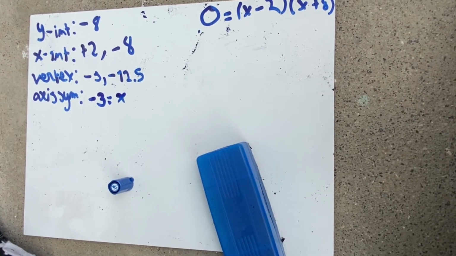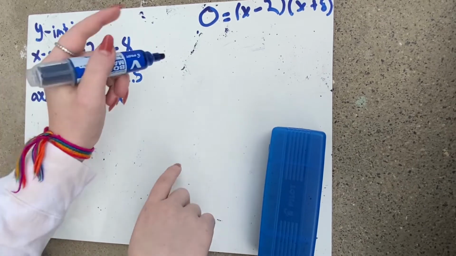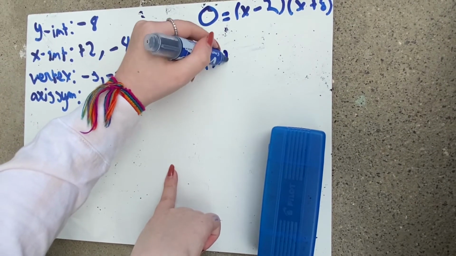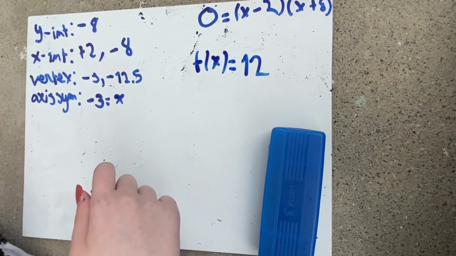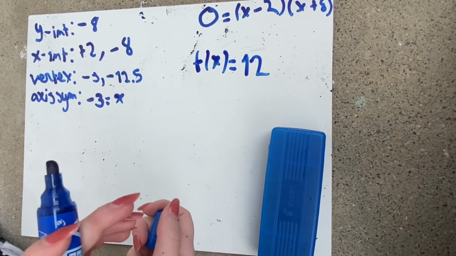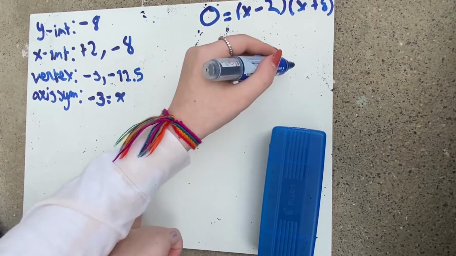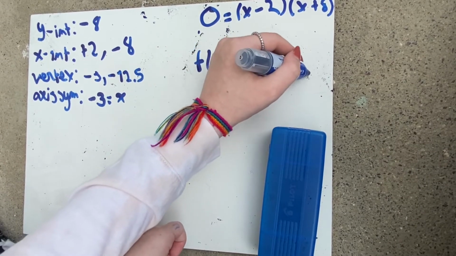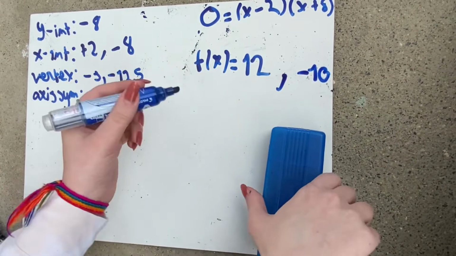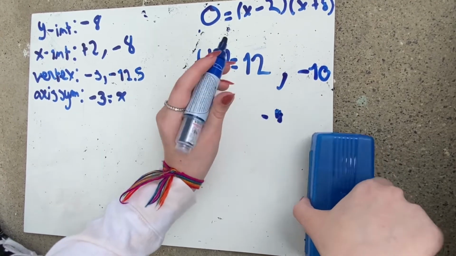And there was another question that it asked, when f of x was 12, and one of the values of x was -10, to prove that the other one was 4.